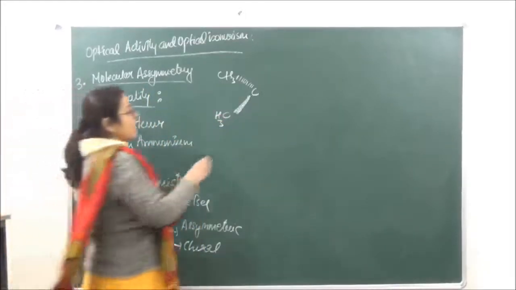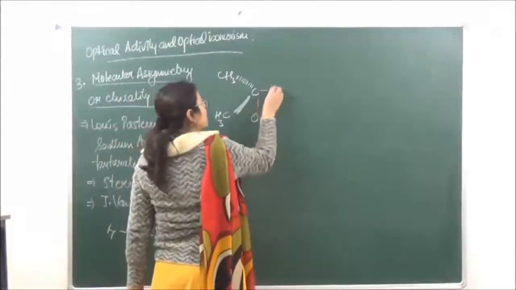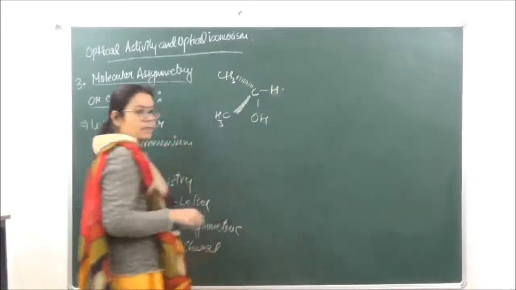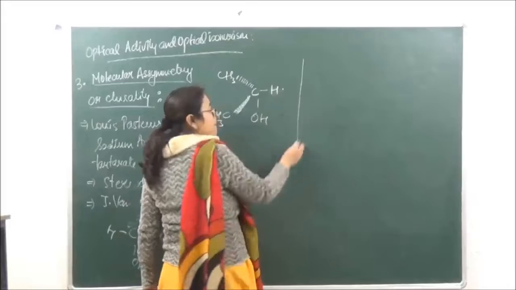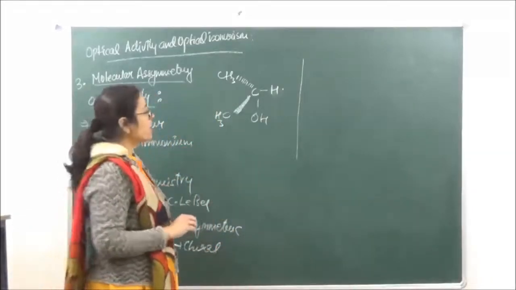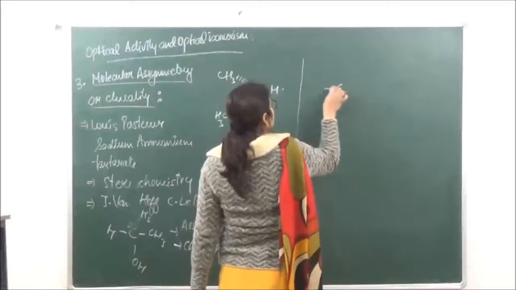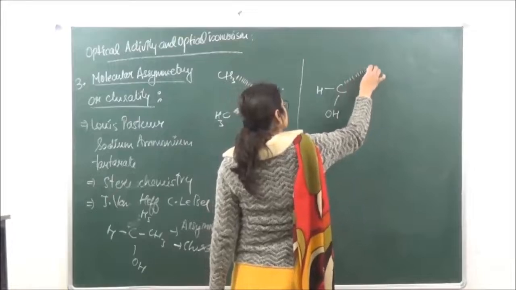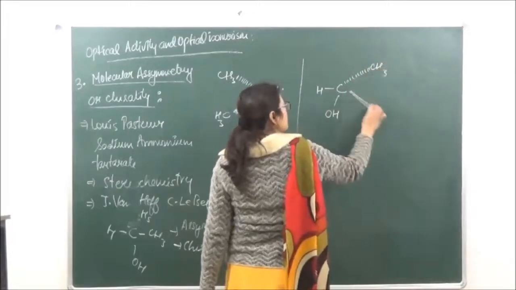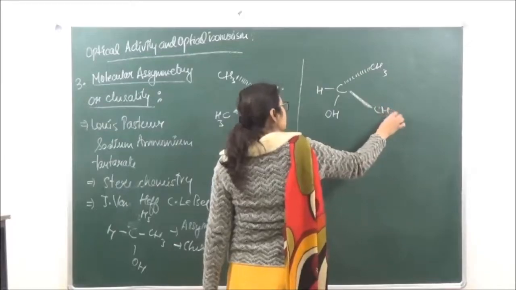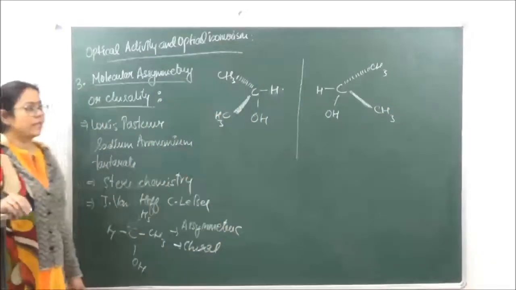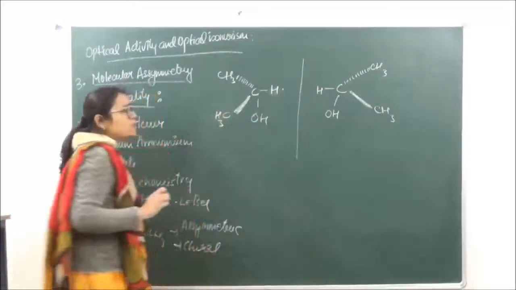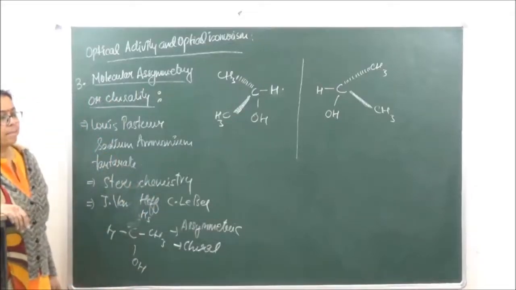So over here now we have two which are on the plane of paper, OH and OH, or let's take over here H. Now if we place a mirror in this case, then what is going to happen? If you're looking at the mirror image, this is the mirror image, okay? Now you can see that over here, with this carbon there are two groups attached which are going to be the same, right?